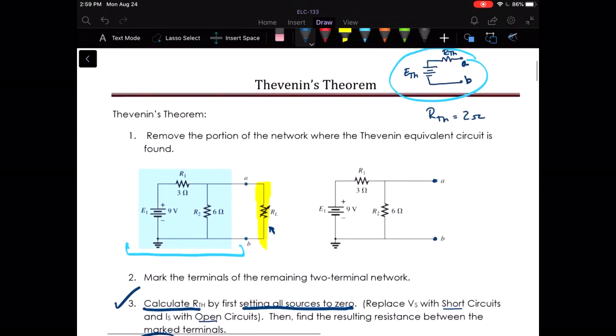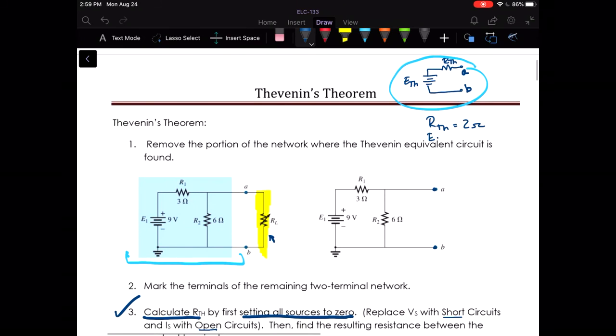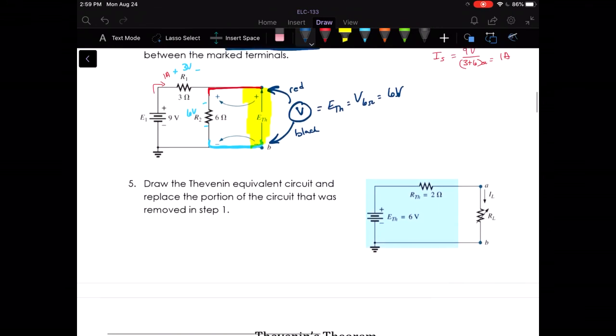So I'm going to go back up here. I found that E Thevenin is 6 volts. So that means, let me see if it's drawn here. Yeah.